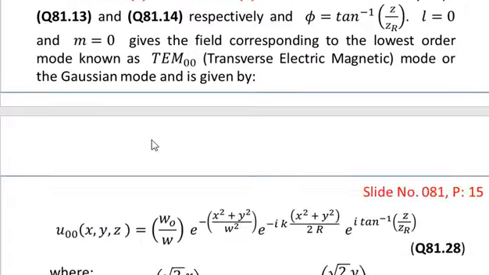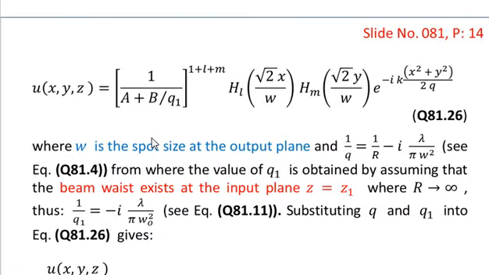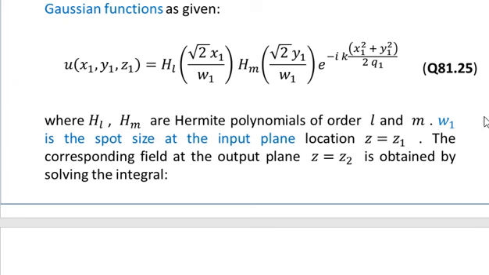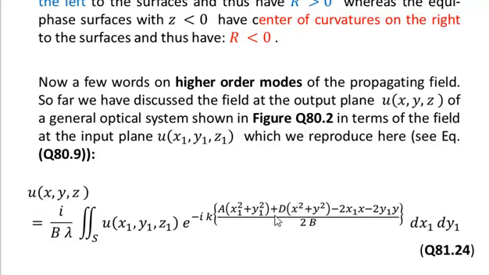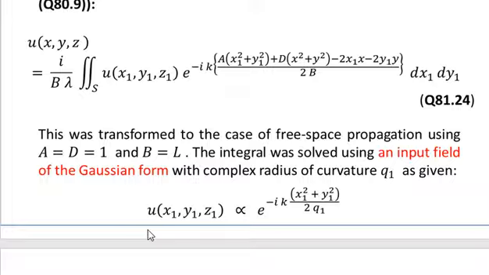When the input field has a form as given in equation number 25, I have also expressed it in terms of the ABCD matrix, and the integral has also been given in terms of the ABCD matrix, which gives the relationship between the output field and the input field in terms of the ABCD variables.